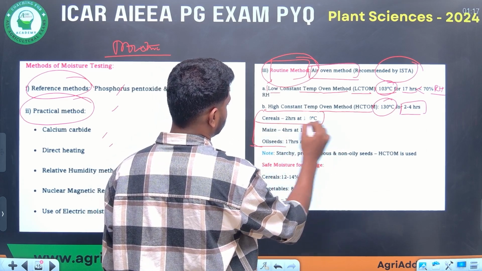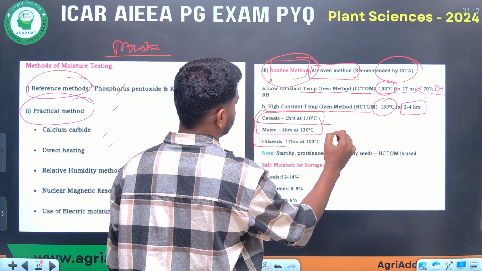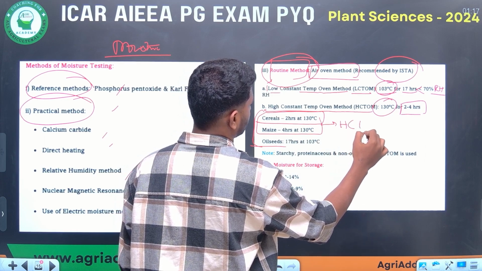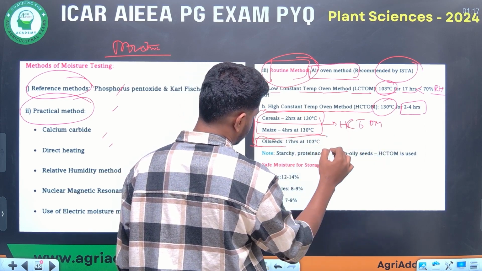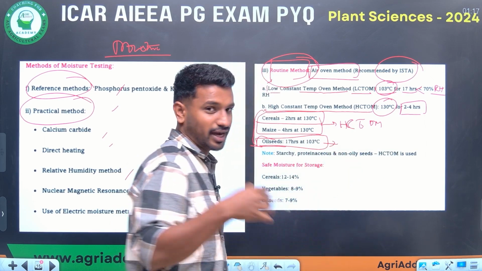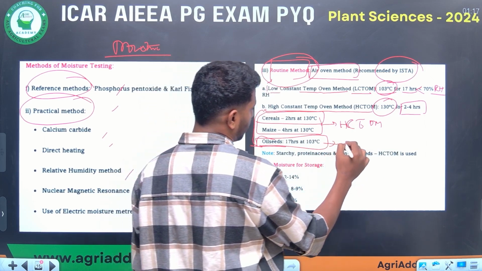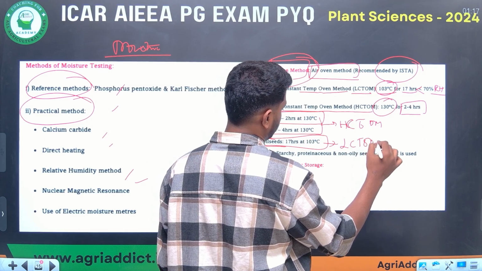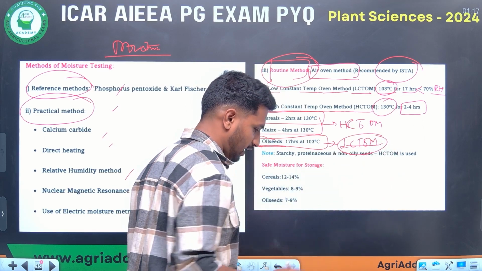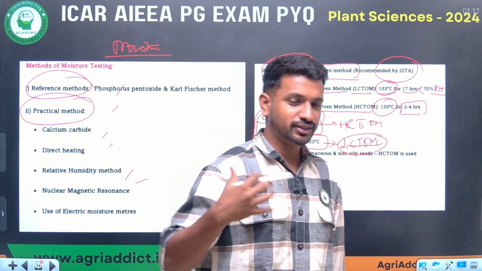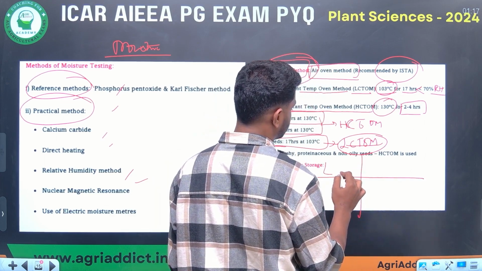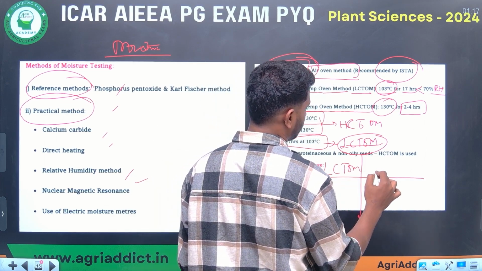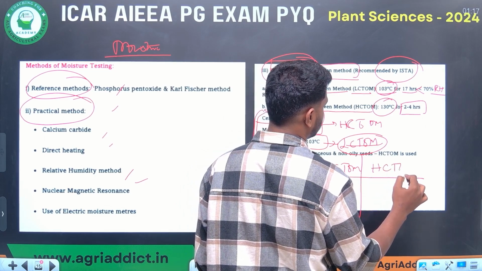For cereals and maize it is the high constant temperature oven method, and for the oilseeds, which cannot withstand the high temperature, it is done by the low constant temperature oven method. So for the exam, make sure to list out as many crops as possible under the low constant temperature oven method and the high constant temperature oven method.